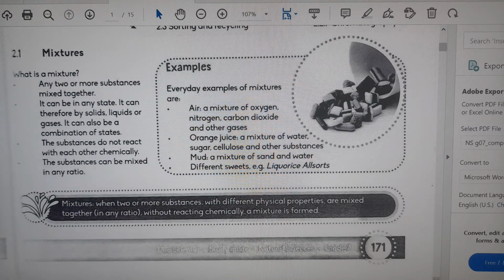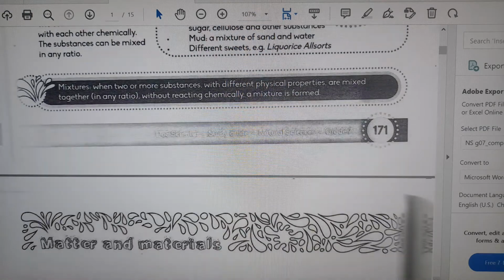You've seen them before. This is the definition that you need to know for tests and exercises. Mixtures: when 2 or more substances with different physical properties are mixed together in any ratio without reacting chemically, a mixture is formed.